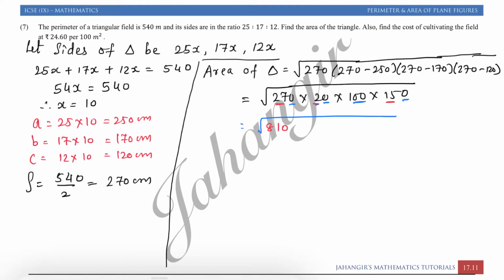Let's count and write: 1, 2, 3, 4, 5 zeros more. I will just put 5 zeros more. So its square root you will get as: the square root of 81 is 9, and of the 6 zeros, 3 zeros. So 9,000 meter square.